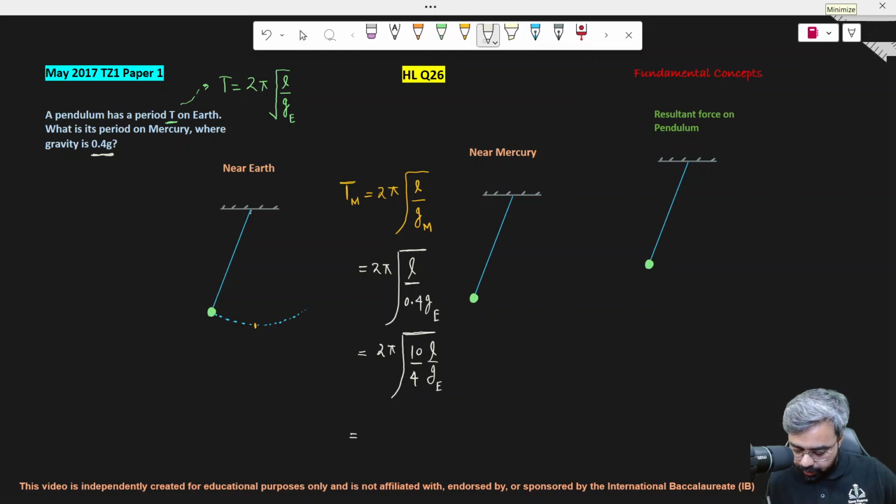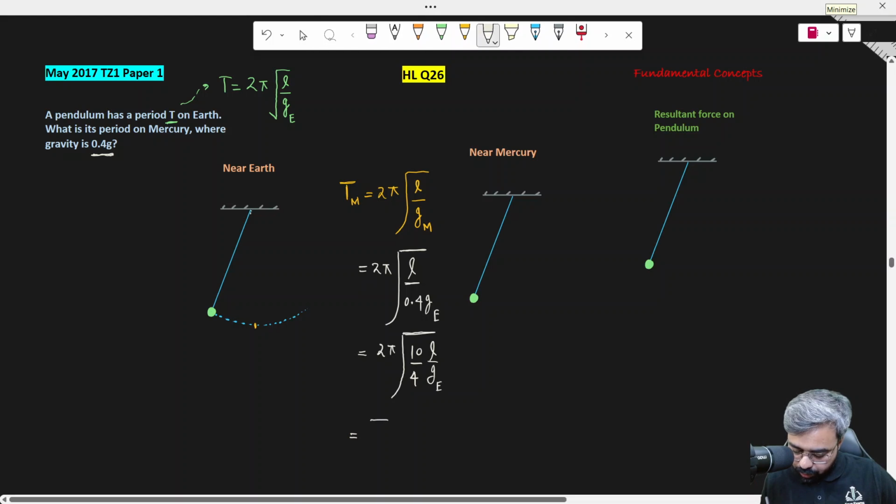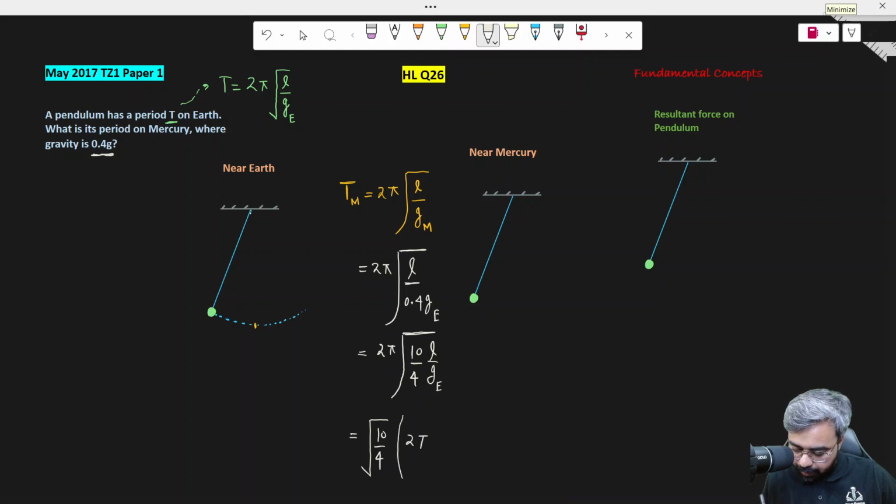Then we can take the square root of 10 over 4 outside, and what remains inside is the time period of the pendulum on Earth, which is described in this question by the letter T.